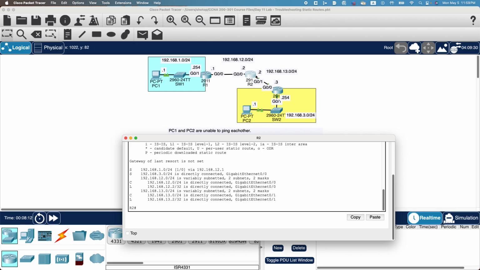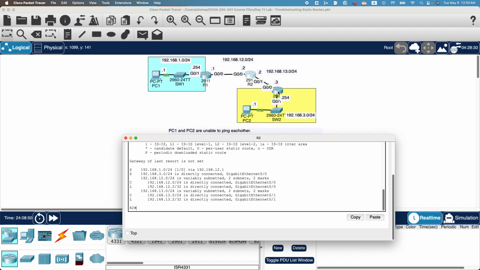And now it should also have a path to the router here, R3, that has its foot in the 192.168.3 subnet. So let's look at that. It needs to go to 192.168.3. 192.168.3.0/24 is directly connected.